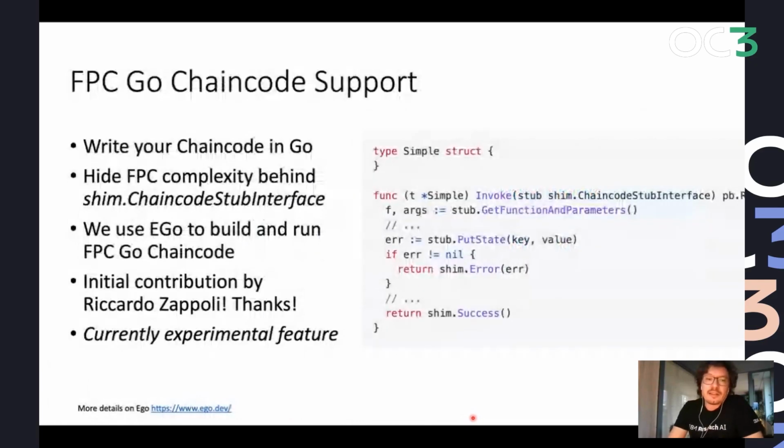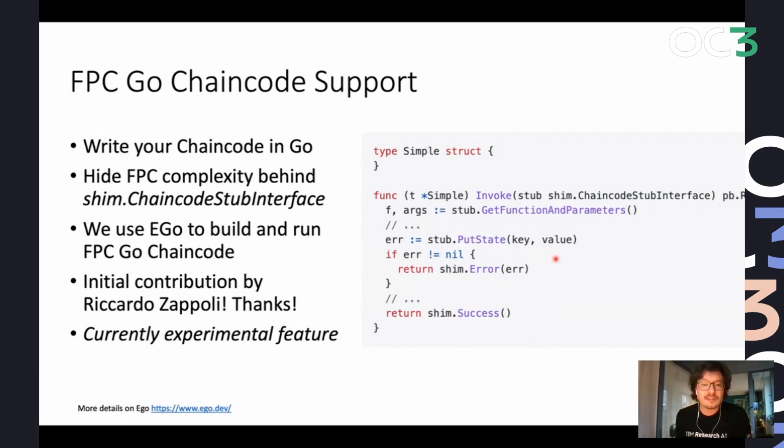How does it look like? So essentially, what you now do is you take your traditional Go chaincode, which, depending on your personal preference, looks now a little bit nicer or not, right? You take your Go chaincode, and we still hide all the complexity, as I mentioned before, behind this shim chaincode stub interface. So the end user does not need to care about the encryption of the data when he performs a put state or get state operation.